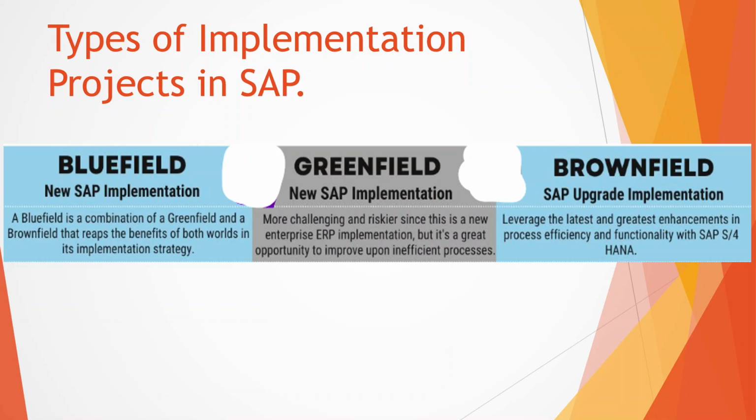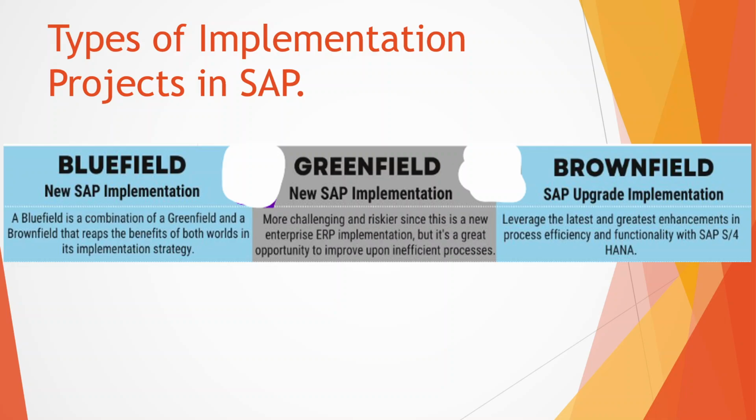Since you are already running on ECC and now you are planning to move to the latest version of the ERP system, generation 4, that's why it is called S4, right? So if they want to upgrade from ECC to S4, it will be considered a brownfield implementation, or you can also say an SAP upgrade implementation.